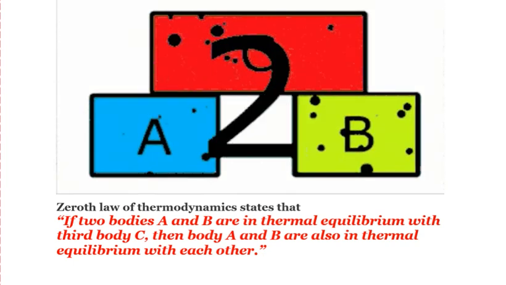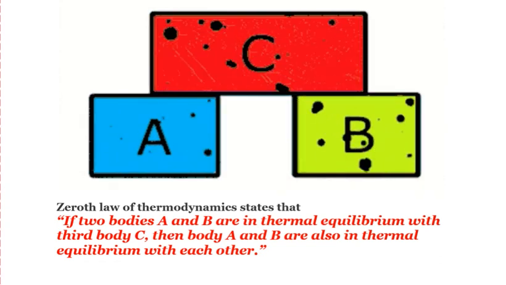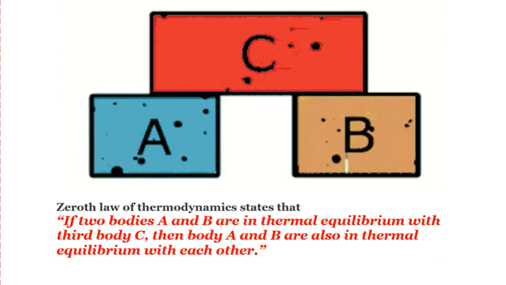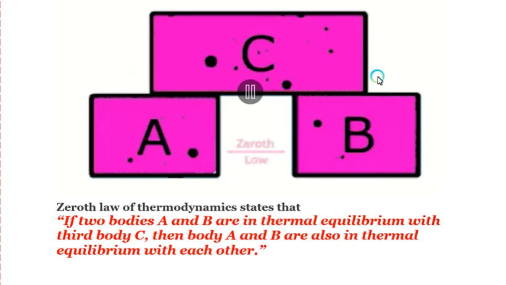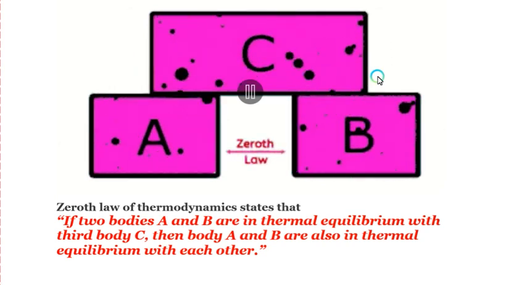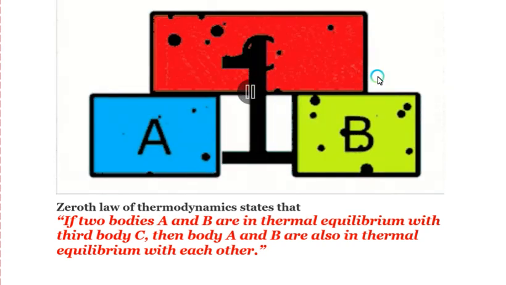Hindi sila pareho sang temperature nga gina-consider. So body A and B are separated from each other. So kung makita niyo diri sa aton nga representation, both of these bodies are in contact with the third body.